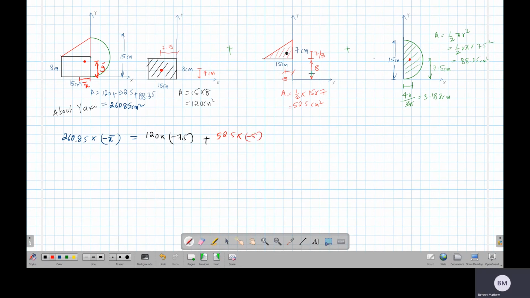We have to take the sign of the distance also, right? Then plus this area 88.35 times the distance, plus 3.183. So minus x bar comes out to be minus 3.37 centimeters.